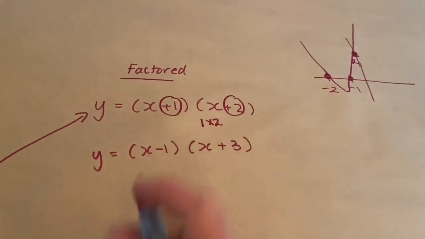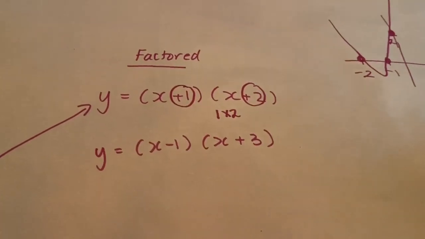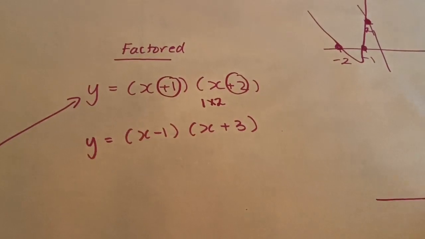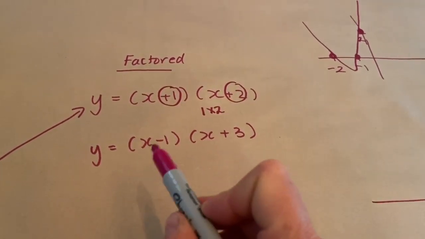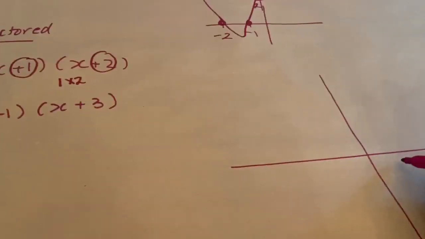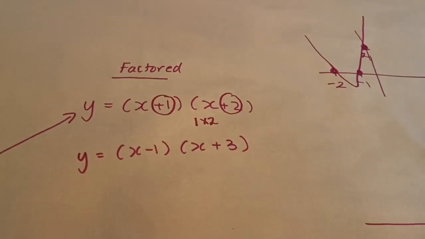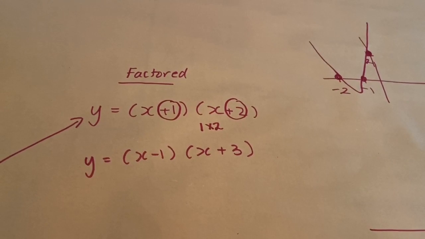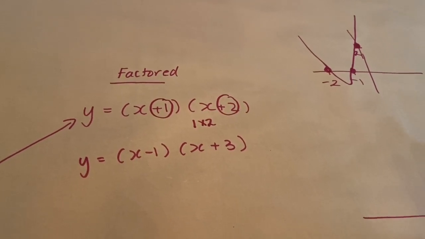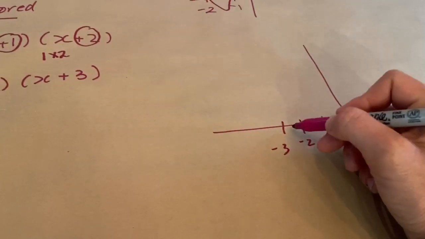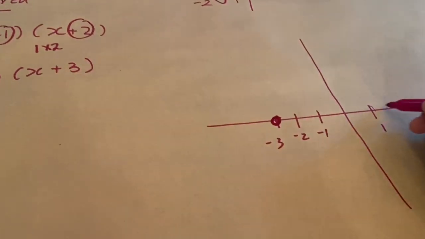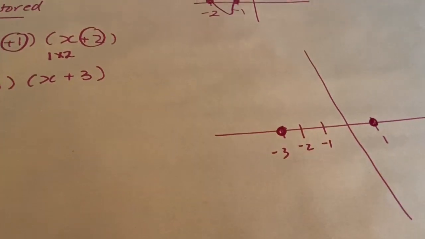So let's look at this second equation in factored form. It tells us -1. If it's -1, that means it's gonna be +1. It tells us +3, so it's gonna be -3. This is gonna be one x-intercept, and this is another x-intercept.